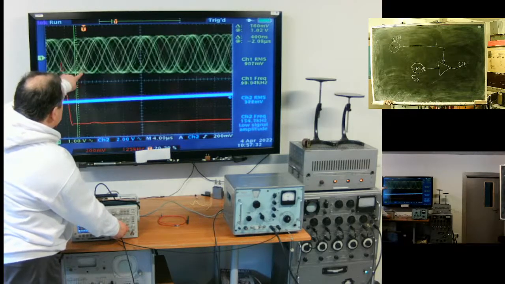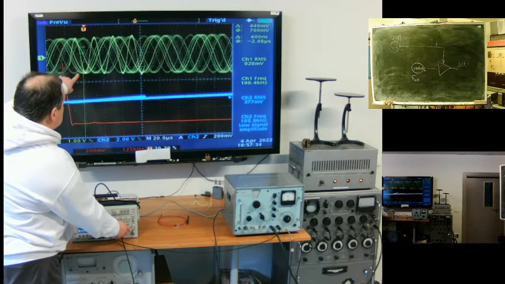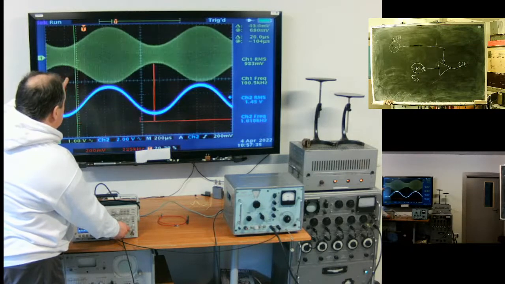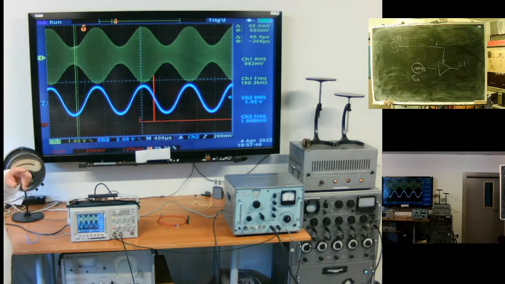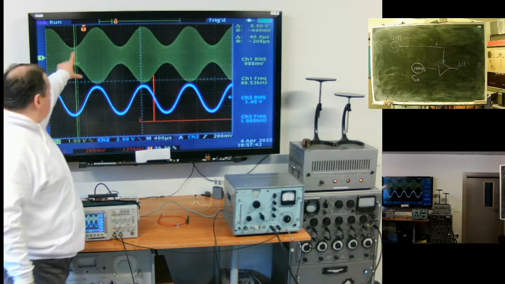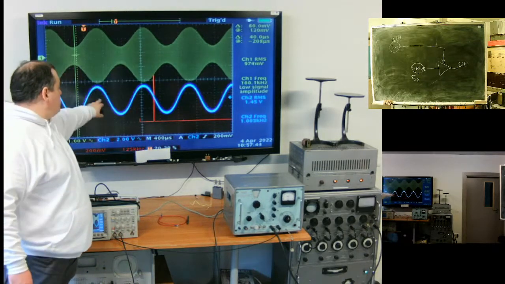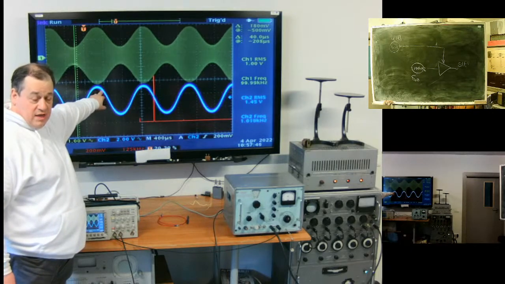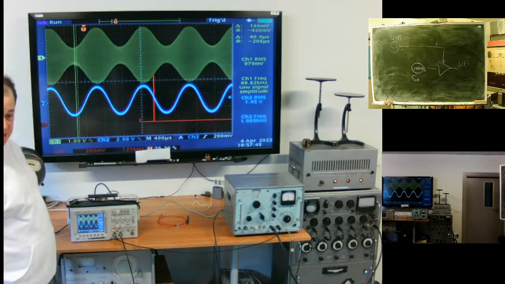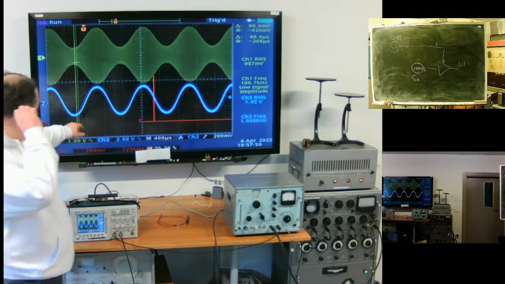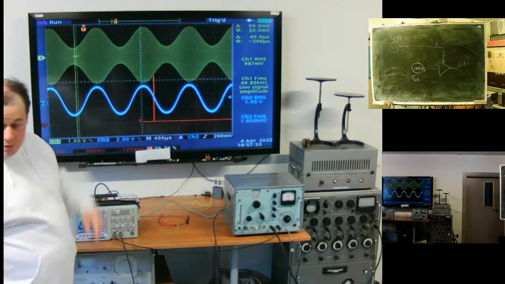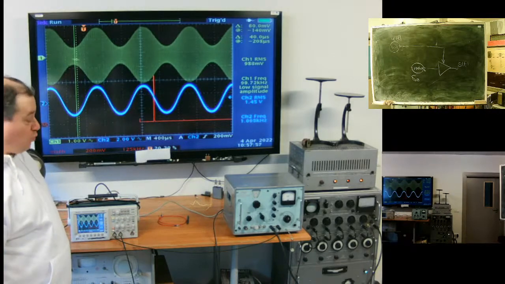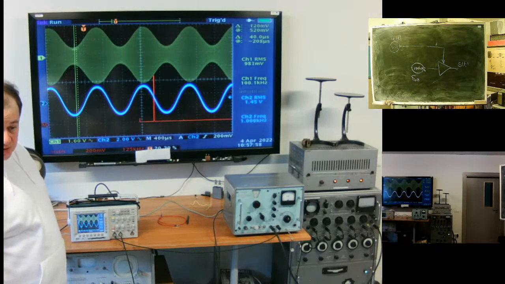Not the best, but you can see it's 100 kilohertz. And we have this 100 kilohertz, but the amplitude is changing as a transferable signal. See my information. I'm transferring a very simple signal, one tone at 1 kilohertz.